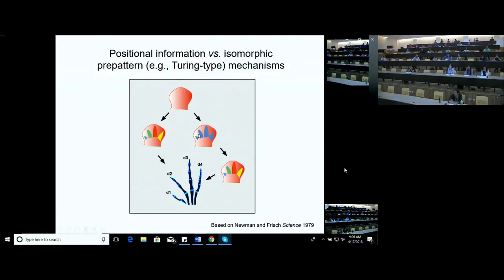And I'm going to show you that this is the view that actually has prevailed and is widely accepted now. But it took a long time for it to set in because this idea was very popular for many systems. And actually systems like segmentation and gastrulation gave way to the more physical approach way before the limb did. The limb was kind of the last to succumb to this physicogenetic approach.